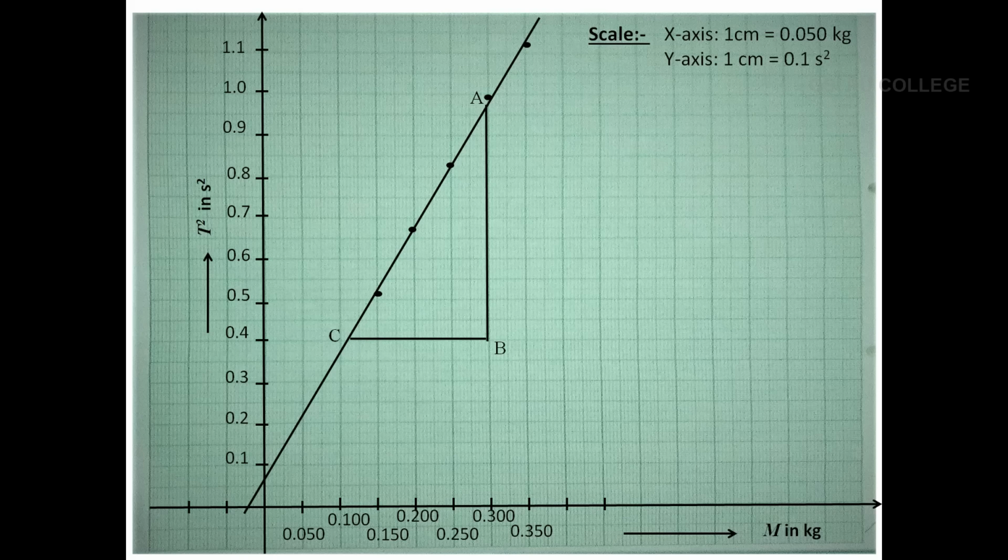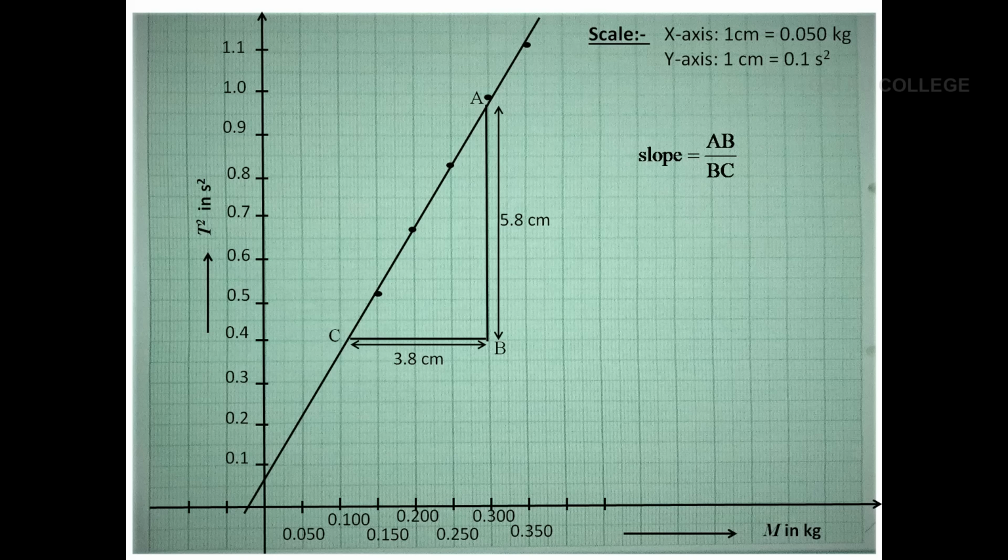How do you find the slope of this now? Slope is given by AB by BC, which is nothing but the length of y-axis divided by length of x-axis. So slope is equal to AB by BC. Now the value of AB is 5.8 centimeter and the value of BC is 3.8 centimeter from the graph.